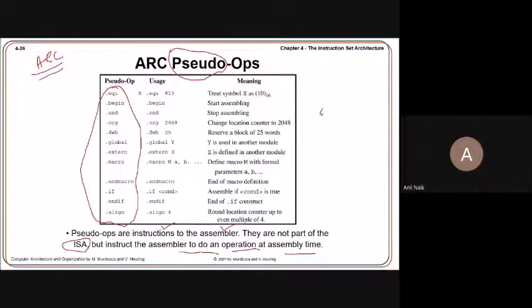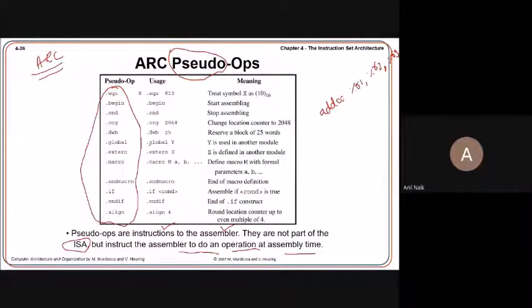While executing the program, the instructions are represented, for example, add %r1, %r2, %r3. This is the instruction, but these are pseudo operations, instructions to the assembler. You are all familiar with this, because when you write a C program you write #include stdio.h.